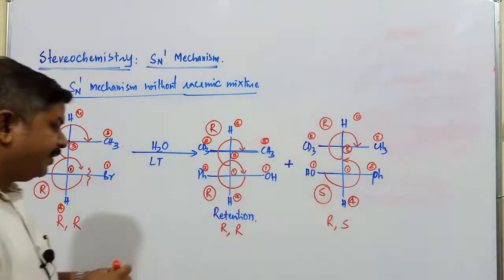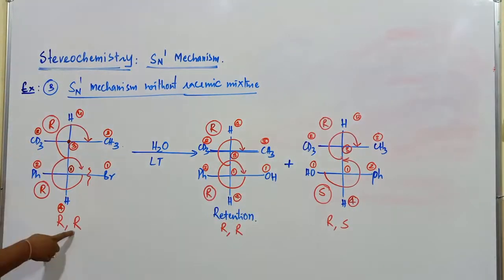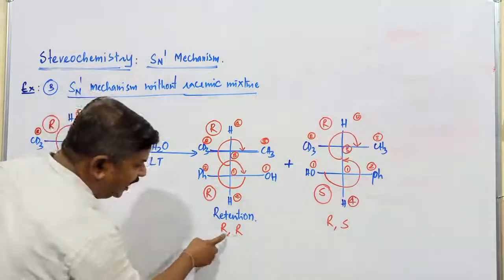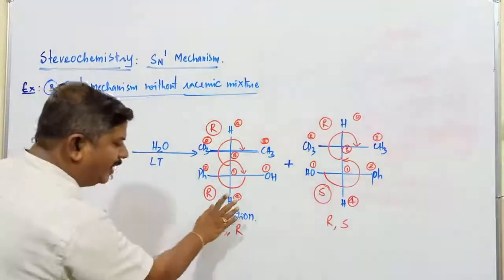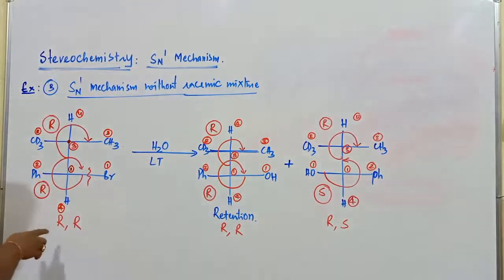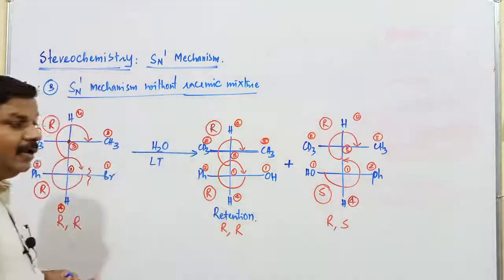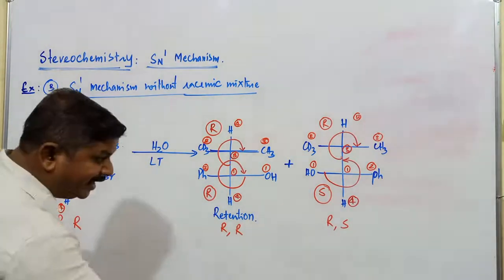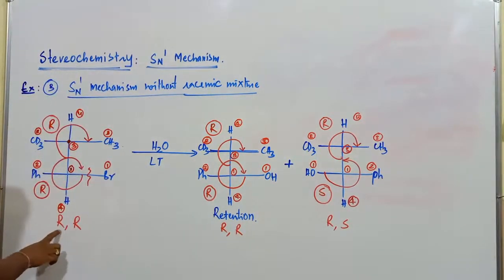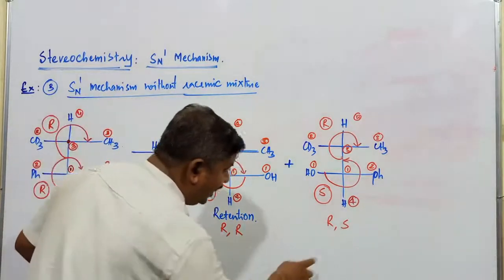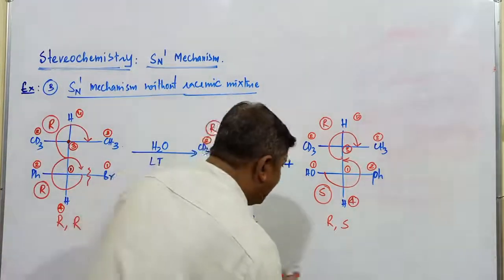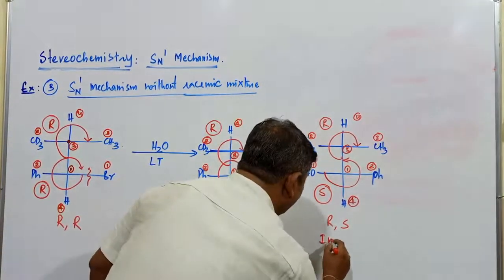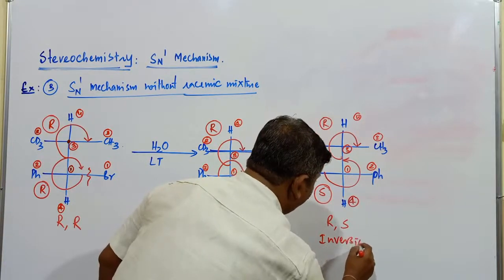Very clear? If an R configuration converts into another R configuration, it is completely called retention. Suppose R is converted into S and S, it is commonly called inversion of configuration. But here R gets converted into R and S. When R is converted into R and S, it is not completely called inversion of configuration.